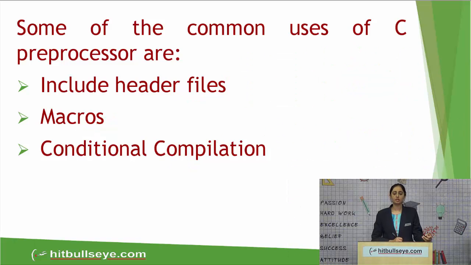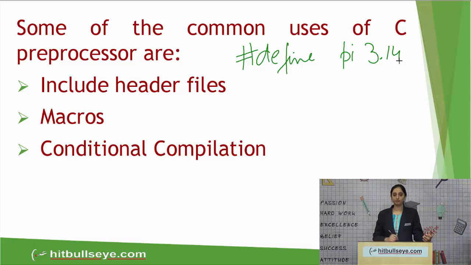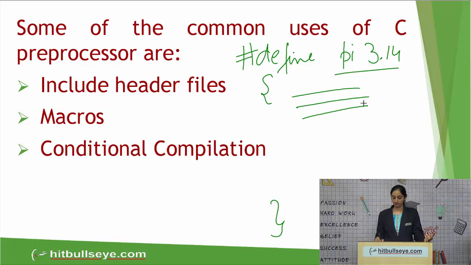Macros. A macro is a fragment of code that is given a name. For example, we define hash define pi 3.14, suppose, and this pi is used further in the program. Here, in the code statements, for example, we are using area is equal to pi into radius.